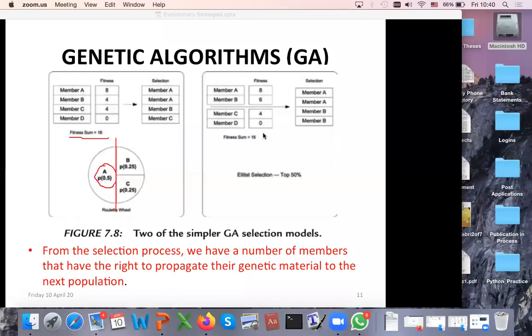So you have to sort your population, and then you will have higher fit members at higher positions and lower fit members at lower positions. And then the next step is that you have to select only the top 50%. It is mentioned here.